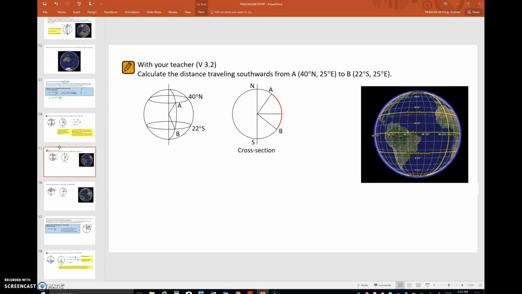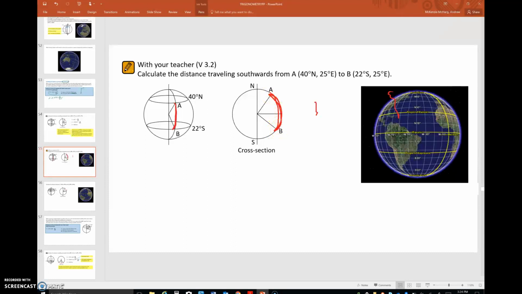In this one, we're going from point A, which is 40 degrees north, 25 degrees east, to point B, 22 degrees south, 25 degrees east. So we're travelling from A to the south to B, travelling along this arc here. So this red bit here, that's the same as this bit here.